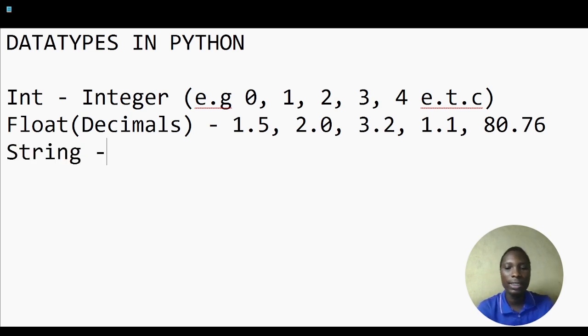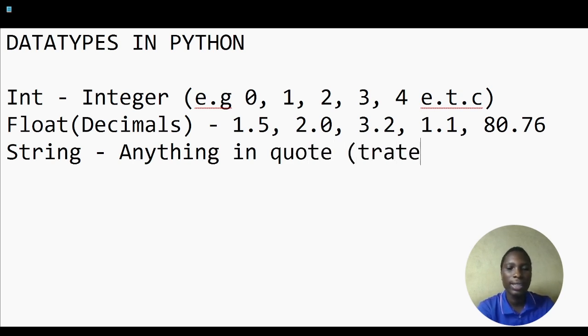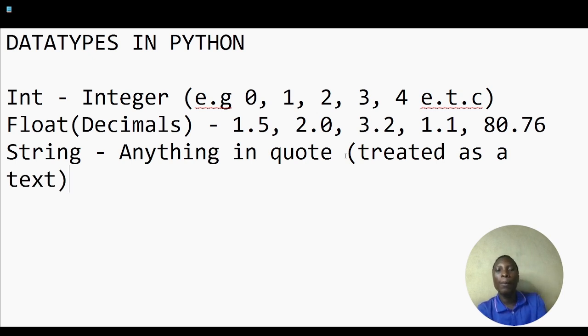A string is anything in quotes. So anything in quotes will be treated as text. Okay, so even if you put a number, sure you can see my screen, right?